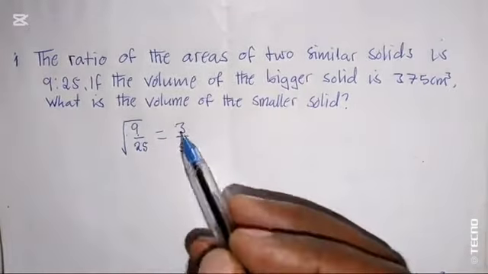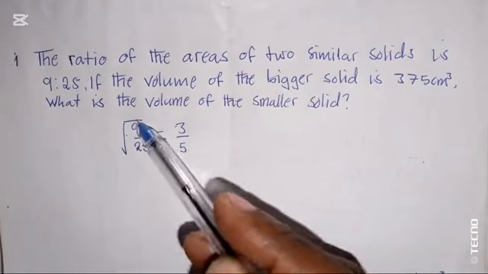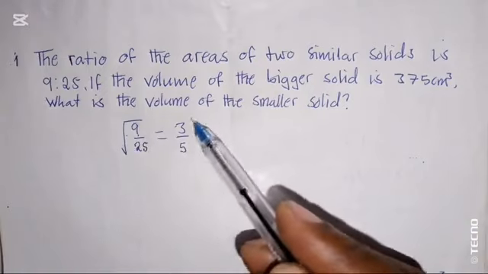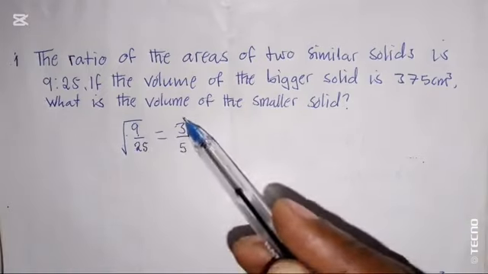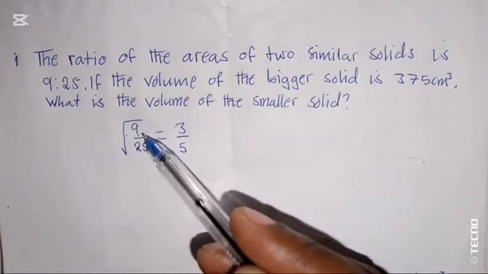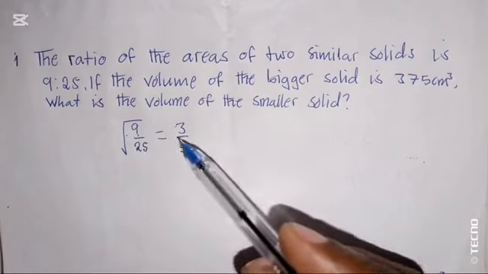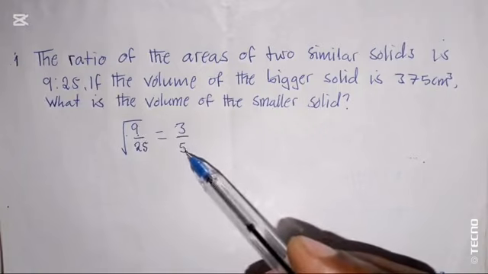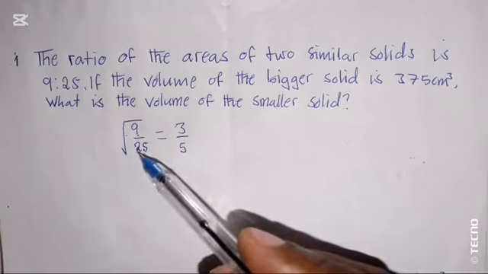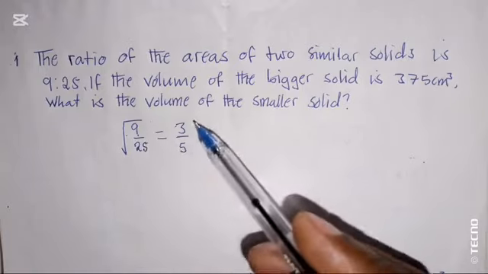So for you to calculate the ratios of the area given this dimension, you need to square them. Once you square this, you get 9. And once again you square 5, you get 25. So these are the true values.